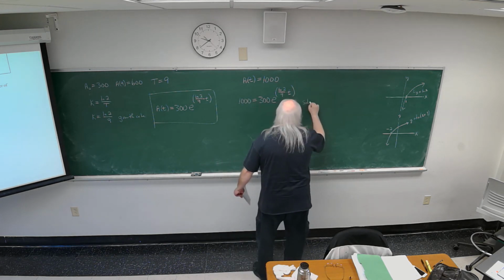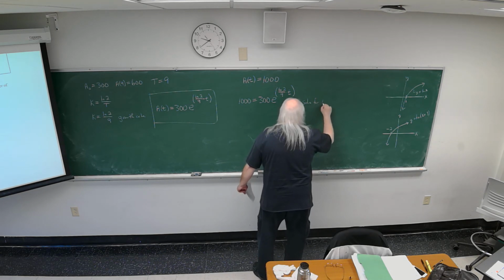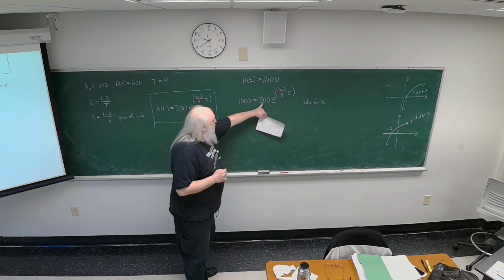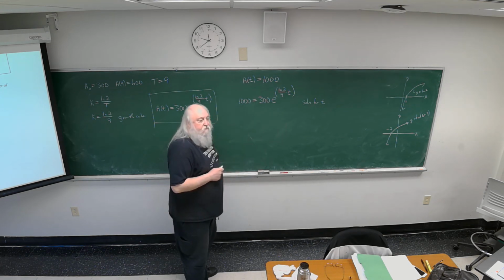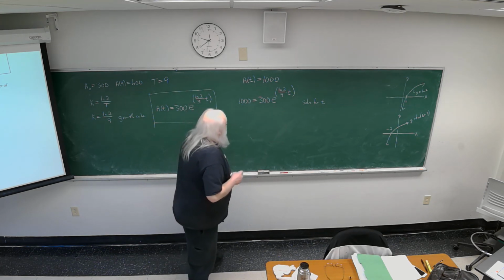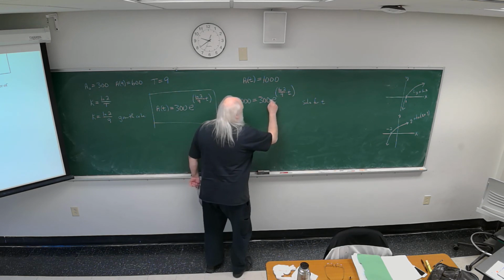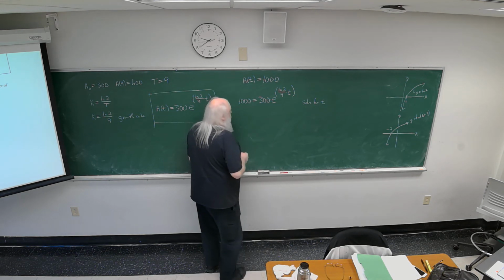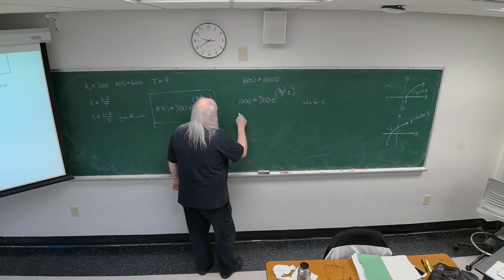Now we're going to solve for little t. And that'll tell us how long it takes for the bacteria to go from 300 to 1,000. Well, this is a product on the right-hand side, 300 times e to the natural log of 2/9 times t power. So we divide both sides by 300.